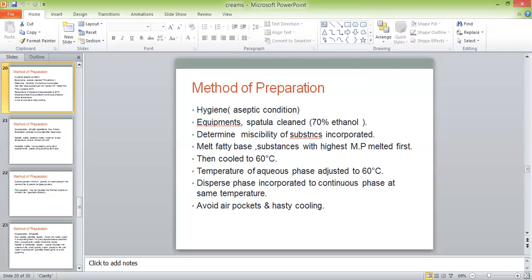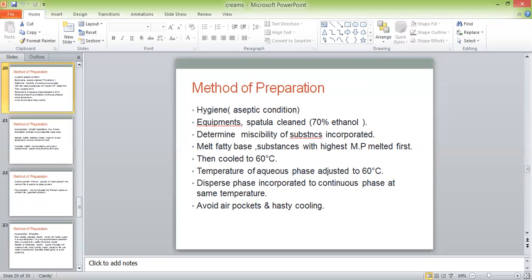All of the area where you work, all of the area of manufacture, should be hygienic, and there must be aseptic conditions. The equipment, spatulas, and every sort of instrument should be clean, and they are cleaned with 70% ethanol.